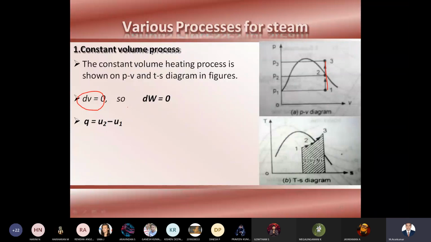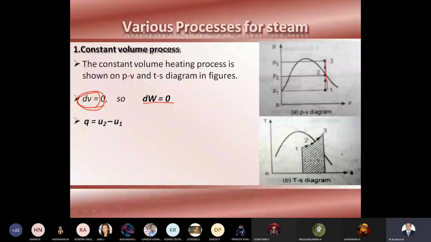There is no change in specific volume. If the change in specific volume is 0, the work done is 0. The area under the PV diagram gives you the work done, so there is no work done in this constant volume process.